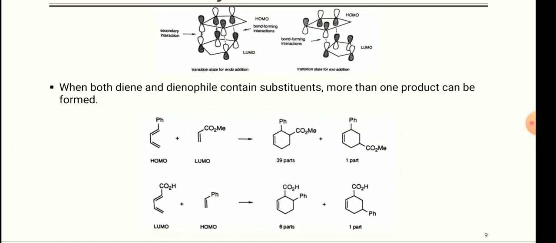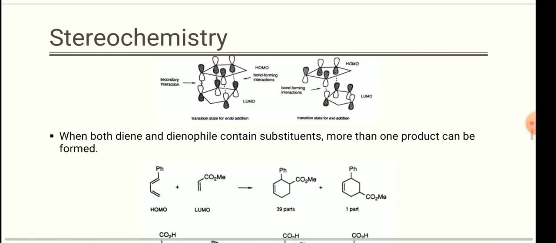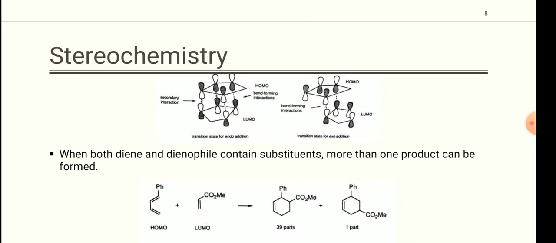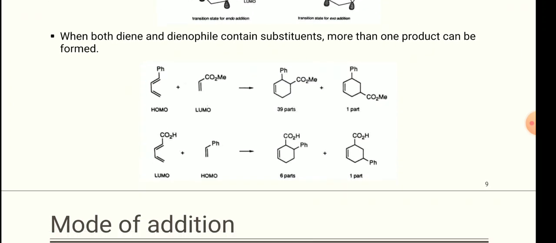But please remember that the stereochemistry and other phenomena of a cycloaddition reaction can be explained by FMO theory, that is the frontier molecular orbital diagram. I have already told you in chapter 1 about the HOMO, LUMO and so on. So here is the use of the HOMO-LUMO in the cycloaddition reaction.